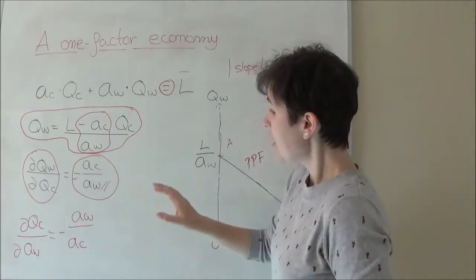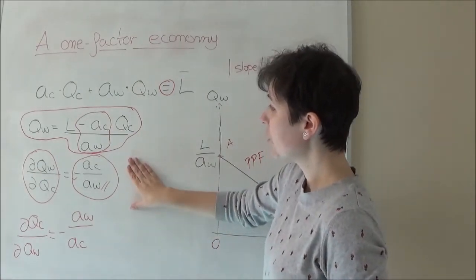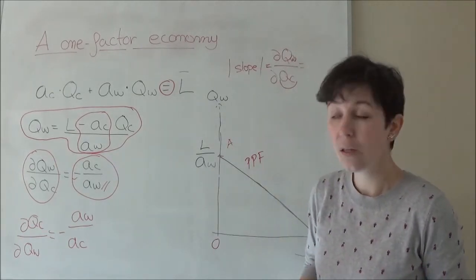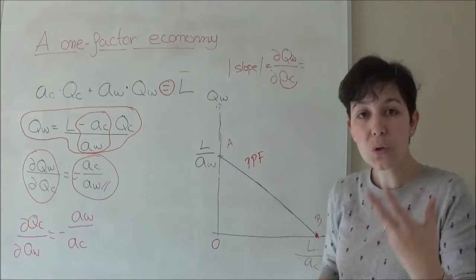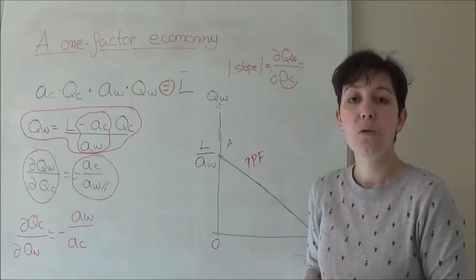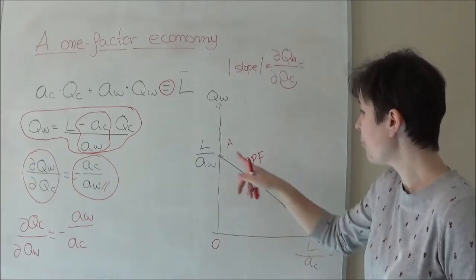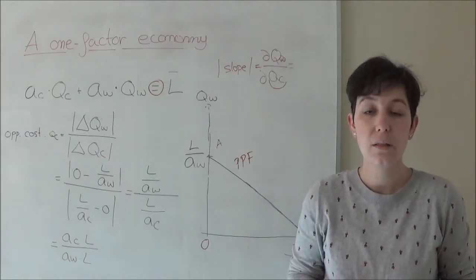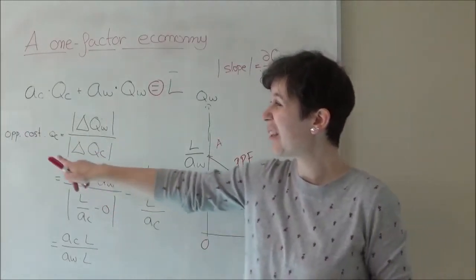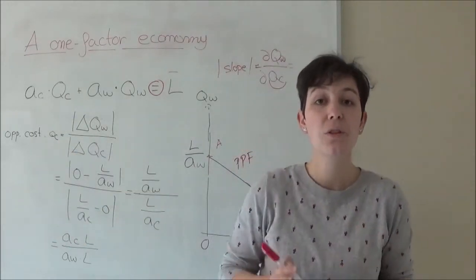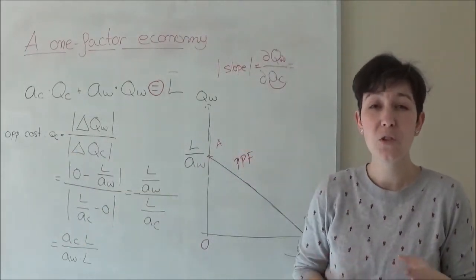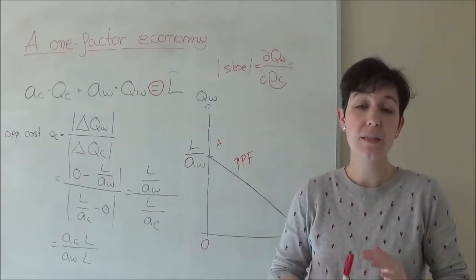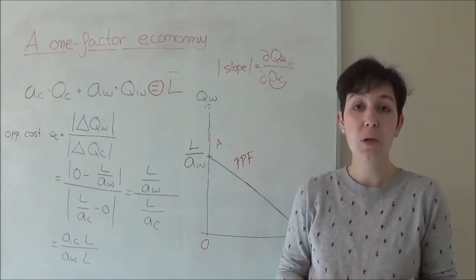Okay? Now we have done this using the derivative, but we can do the same analysis using 2 points. So we are going to get the slope of this curve taking these 2 points as we did previously. Now we are going to get the slope, the opportunity cost, but using 2 points. Previously we were talking about the slope. If you want to talk about opportunity cost, it's exactly the same but without the minus.